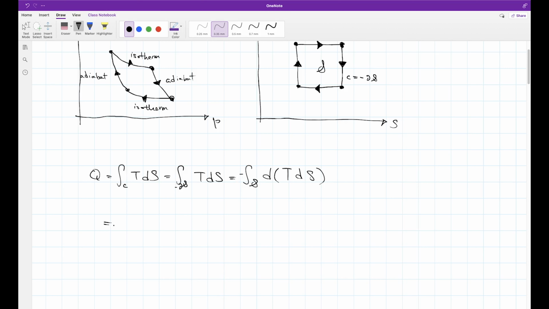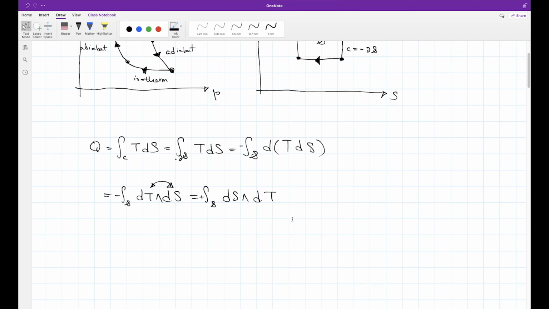Now, using what we've learned about the wedge product and the exterior derivative, this is the negative integral over S of dT wedge ds. Oh, and I forgot the minus sign again. But in fact, because we're in ST space, not TS space, we need to flip the order here. So this is plus the integral of ds wedge dt, which means it's the area inside of region S in TS space or in ST space.